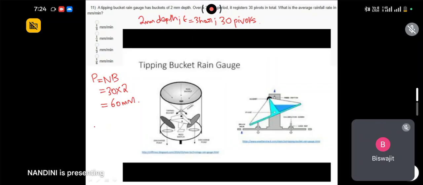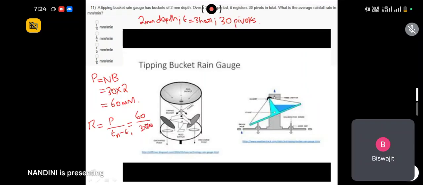And the question is to find the average rainfall rate. It is given by the total rainfall depth divided by the time, Tn minus T1. Here we have a period of 3 hours, so T1 is 0. It will be 60 by 3 hours. We need to find it in millimeter per minute, so 3 into 60.